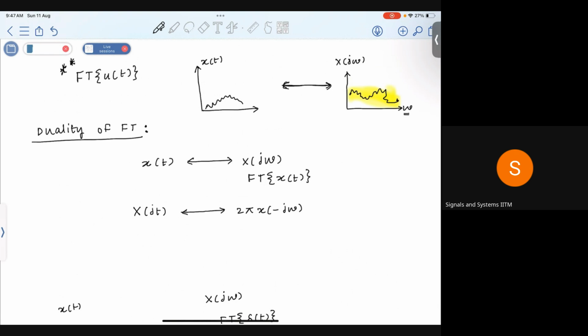You want to see how the 30 kg person on earth looks on the moon. So it's the same analogy. x of t has some nicer representation in the frequency domain, and when you take that nicer representation into the time domain, the question is what happens to the frequency domain of that nicer form. So that is what duality is stating.